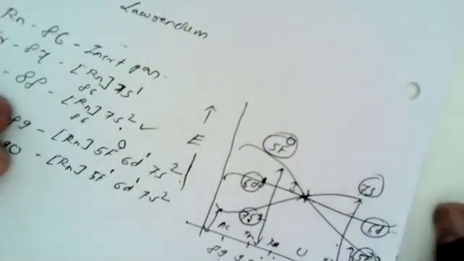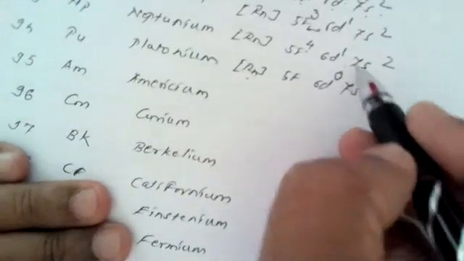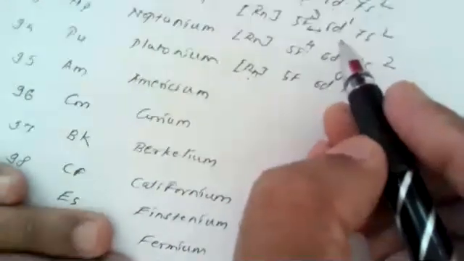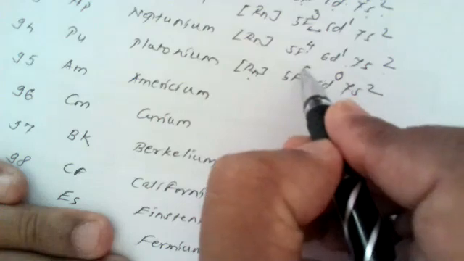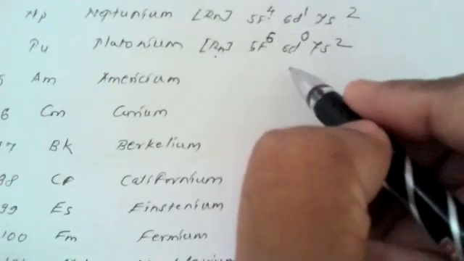So this is how the occupancy of electrons takes place, and hence 86 plus 2 is 88, plus 6 is 94, 6d0. So this is the observed electronic configuration of plutonium.